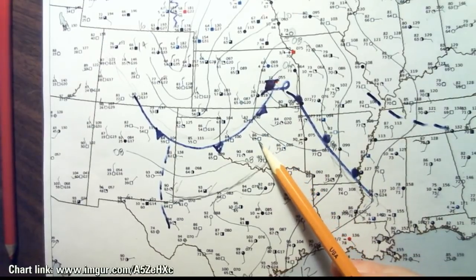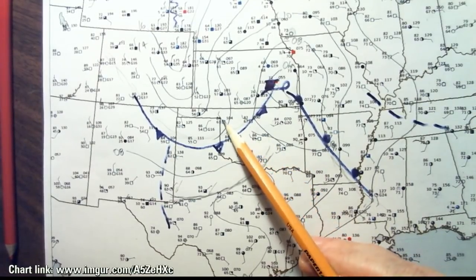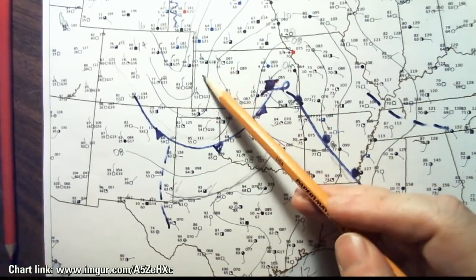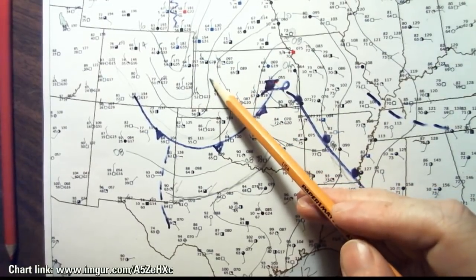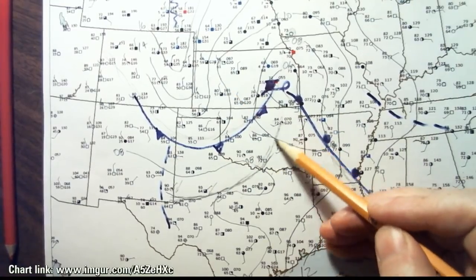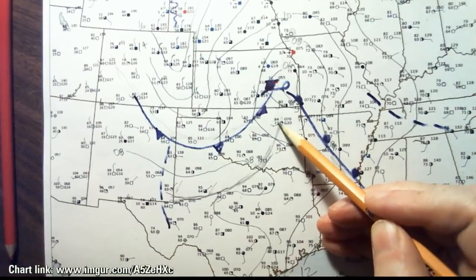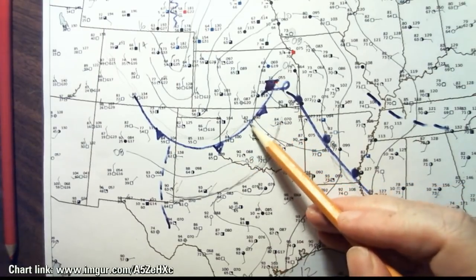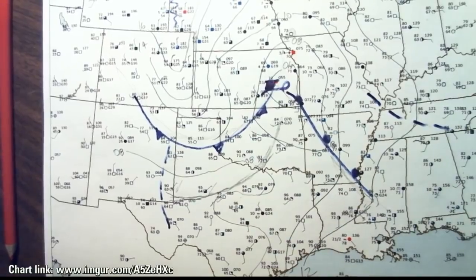You can see we've got 86 here at Oklahoma City, 84 Woodward, so it's a very, very slow drop-off, and it's only when we get into western Kansas that we're positive that we're in the polar air. So that front could actually be anywhere between Ardmore, Tulsa, possibly as far back as Elk City, Stillwater, Enid.